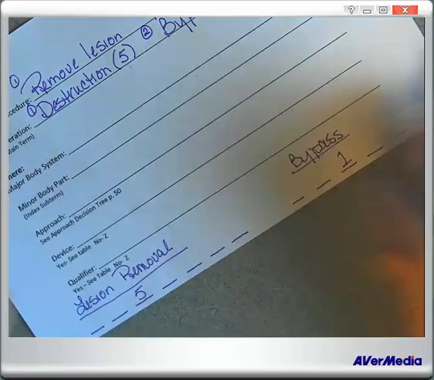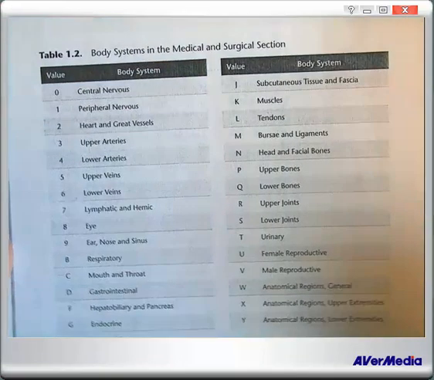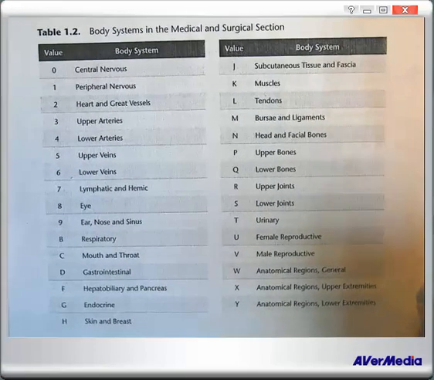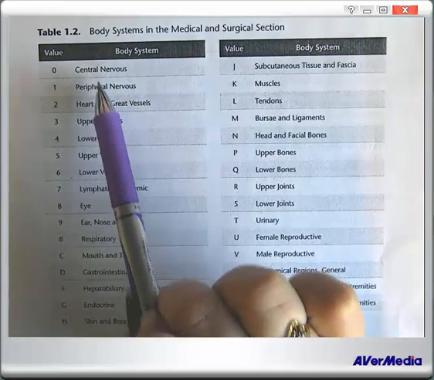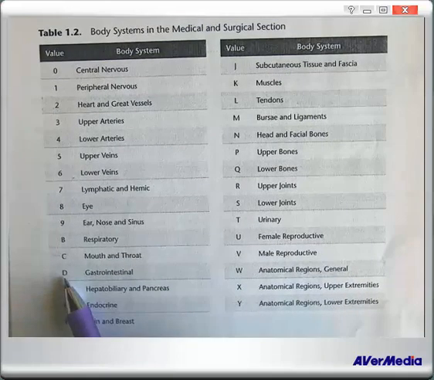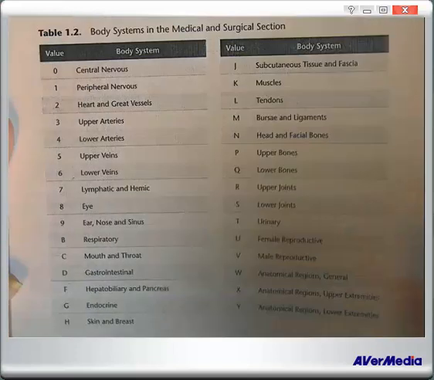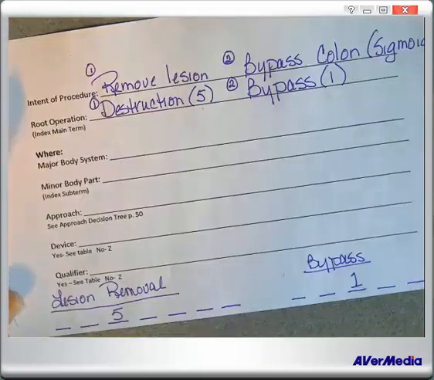So now we've got to decide where our major body system is. So let's get out our major body system list. And our major body system, if you look right here, what do we have? Gastrointestinal, which is represented by the value D. So let's go ahead and put that here.